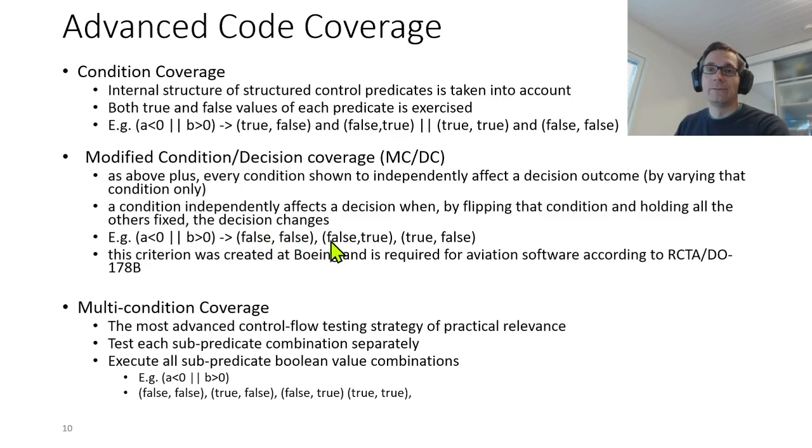We would need false-true, where it is shown that the evaluation of B to true results in this entire statement being evaluated as true. So it is independently so that B affects the decision. And then we also do true-false, where we show that changing A from true to false independently affects this decision.